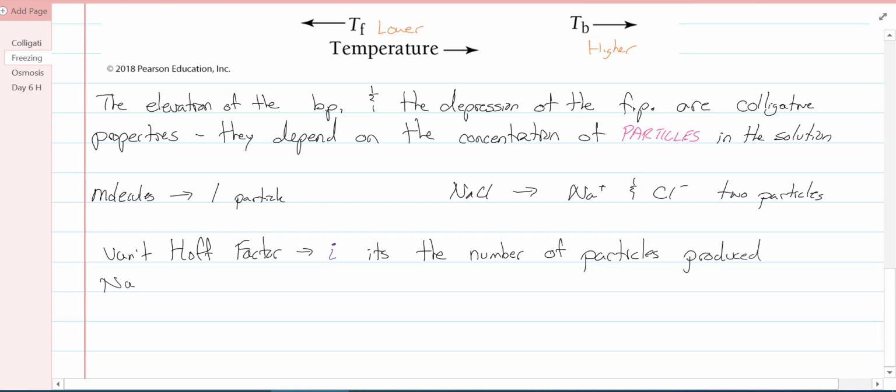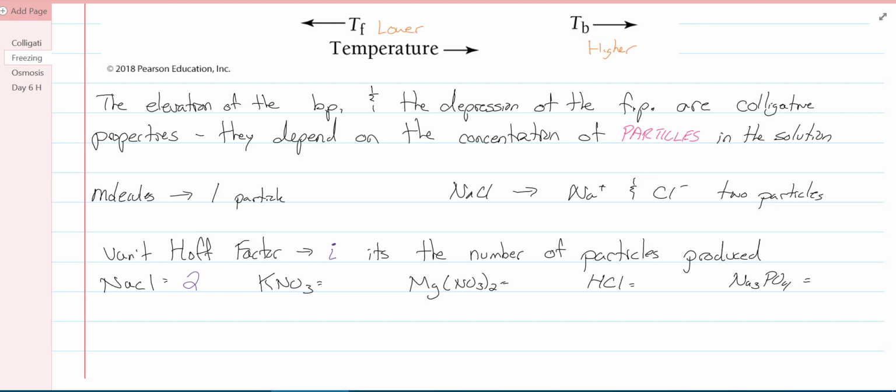So for NaCl versus KNO3, potassium nitrate, versus magnesium nitrate, versus HCl, versus, I don't know, sodium phosphate. Alright, so i for NaCl is in theory 2. Now, the observed i is actually a little less than 2.